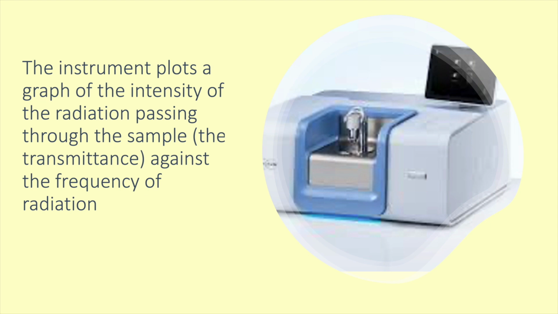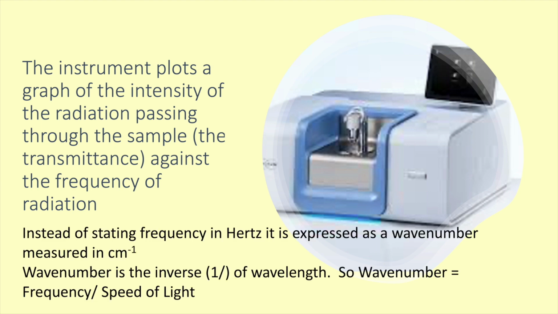Frequency we talked about earlier being measured in hertz. However, when we're dealing with infrared spectroscopy, we use a different unit. We talk about it in terms of wave numbers and measure them in per centimetre. Wave number is actually the inverse of wavelength, which again you should be familiar with from GCSE physics, and we can link wave number to frequency by the constant speed of light.